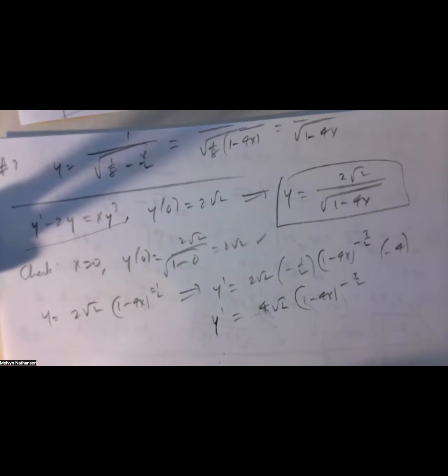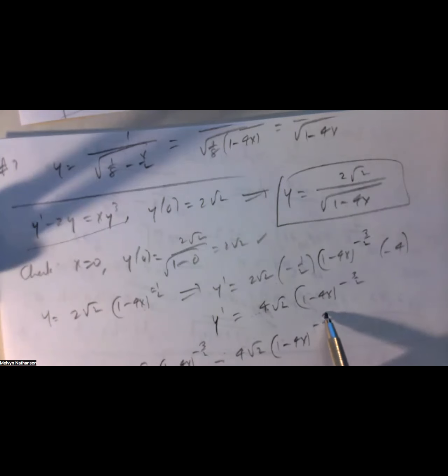So y prime minus 2y is 4 root 2, 1 minus 4x to the minus 3 halves, minus 4 root 2, 1 minus 4x to the minus a half. This is equal to 1 minus 4x to the minus 1, 4 root 2. No, sorry, that's what this is equal to.